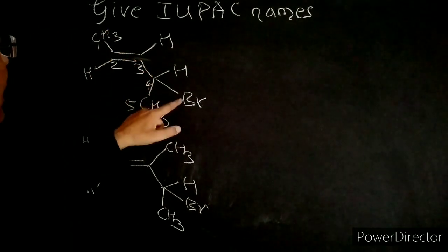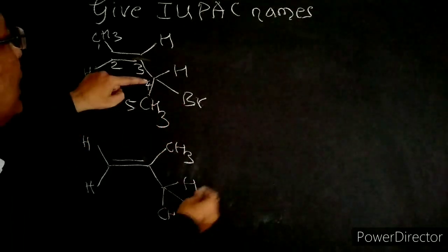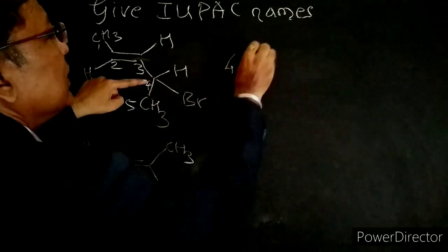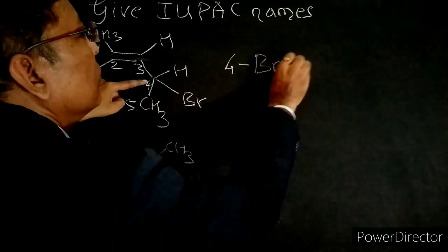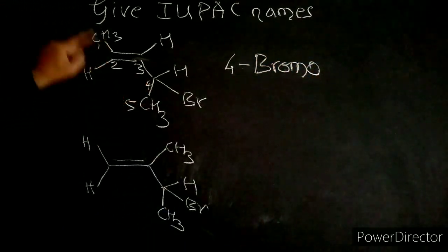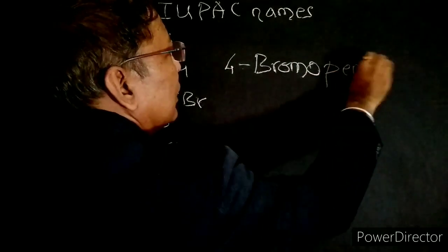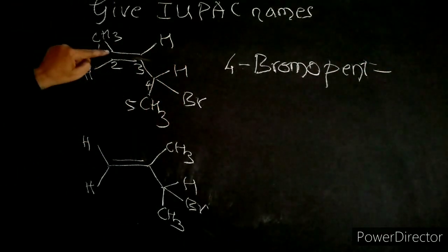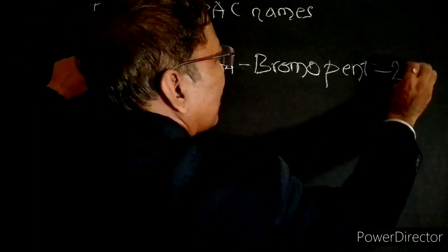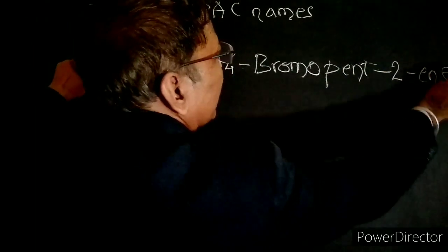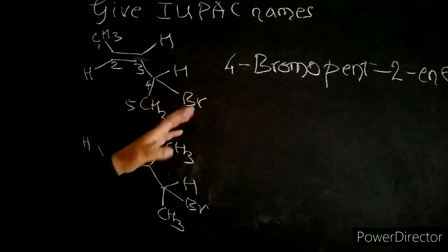Bromine is present on the fourth carbon, so this is 4-bromo, and 5 carbon atoms are present, that means pent. The double bond starts from the second carbon atom. Therefore, it becomes pent-2-ene.